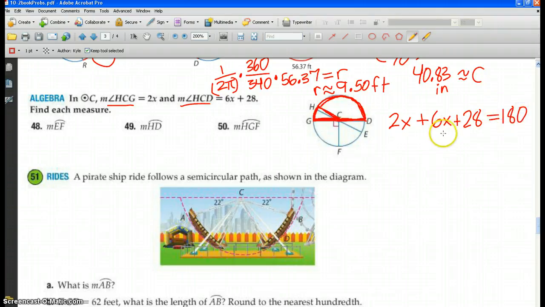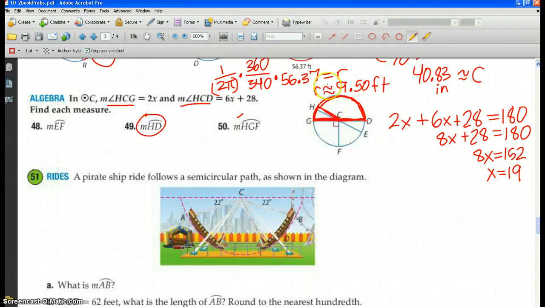Now, if we combine like terms, we would have 8x, and if we subtract 28 from both sides, we would have 152, and divide both sides by 8, and x is equal to 19. So if x is equal to 19, and once again on 49 we want to find HD.